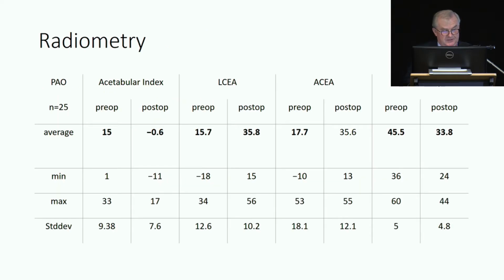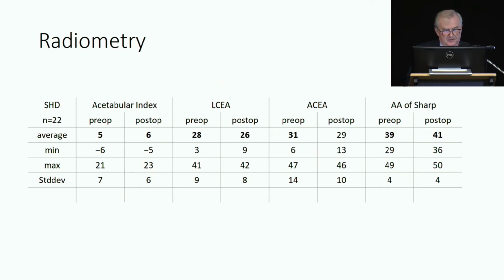And this is the final radiometry where you can find lateral center edge angles of Wiberg angle, which is improved in the PAO group very much. And also other angles like sharp angle and anterior Wiberg angle.